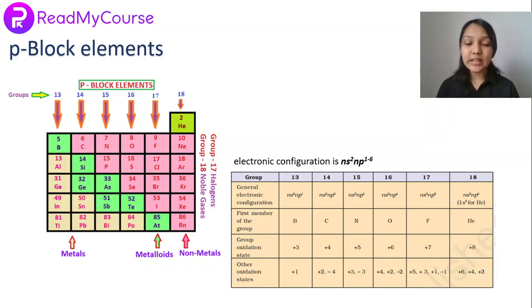In p block elements the electronegativity is high, and the ionization enthalpy is also high, hence they form anions. In case of metals we saw that they form cations and have low ionization enthalpy. But p block elements form anions. We also know that they have a variety of properties.